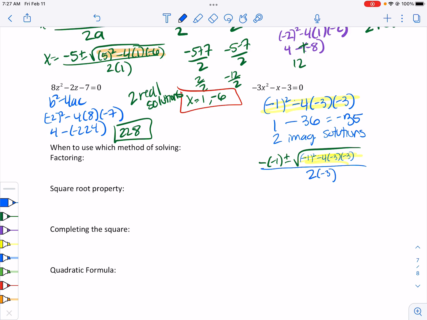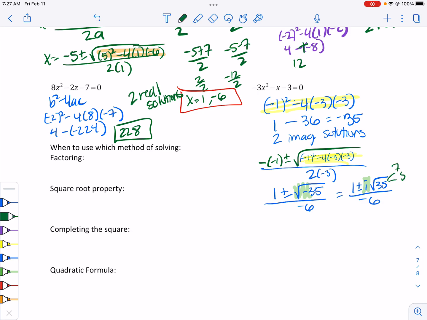So -1 turns to +1, plus or minus, and we know that this is -35, over 2 times -3, which is -6. So this turns into 1 plus or minus i root 35. The i came from the square root of -1, and then all over -6.